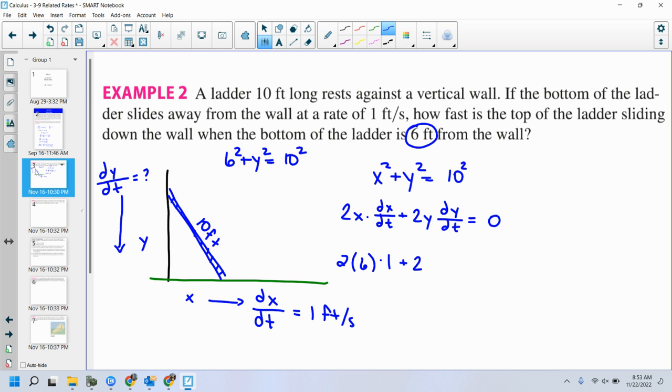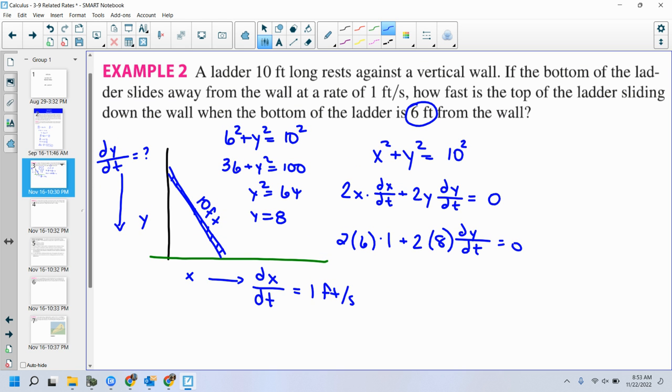When x is 6, y is 8. And now I can solve that equation. I can calculate the actual change in position over time of the y value.